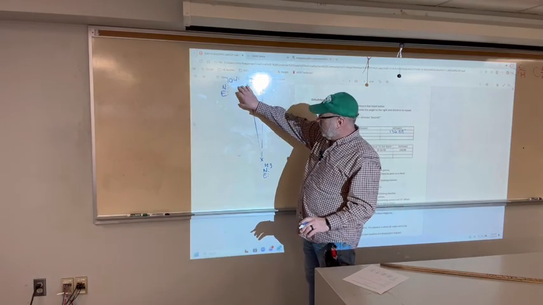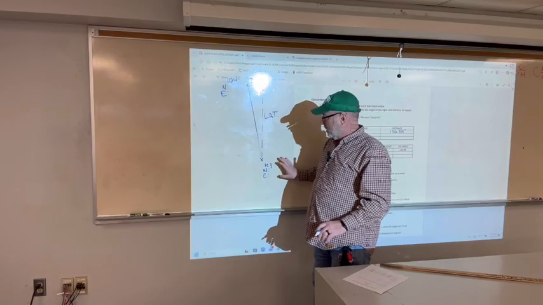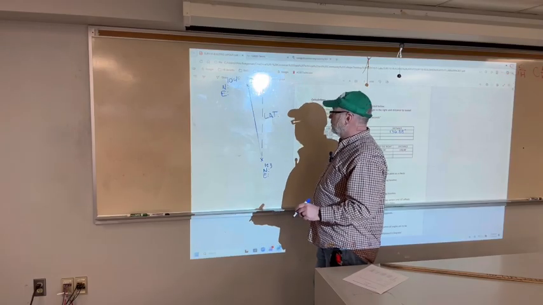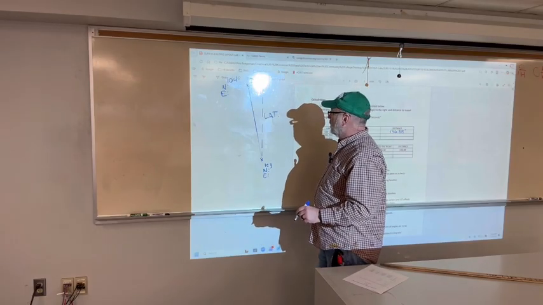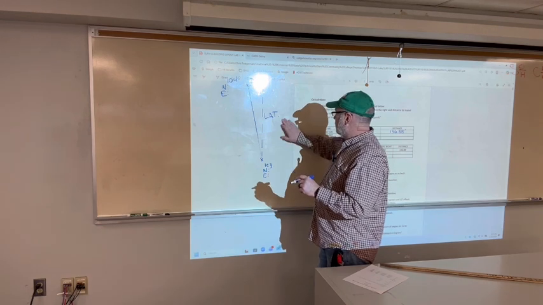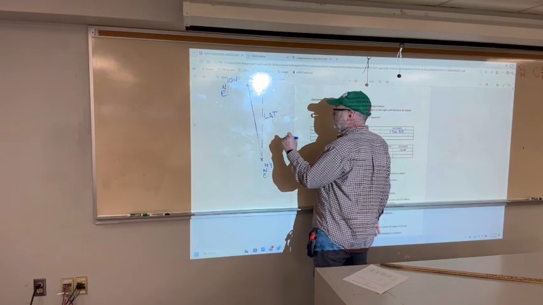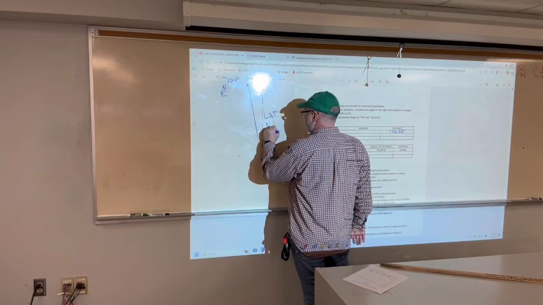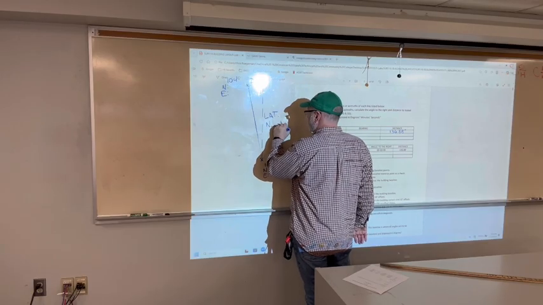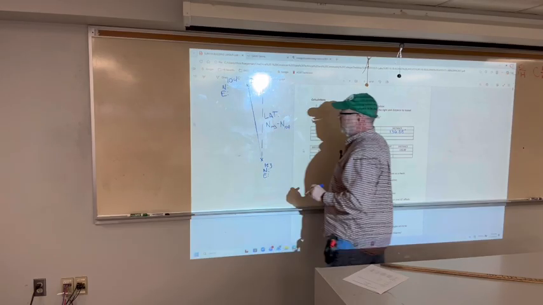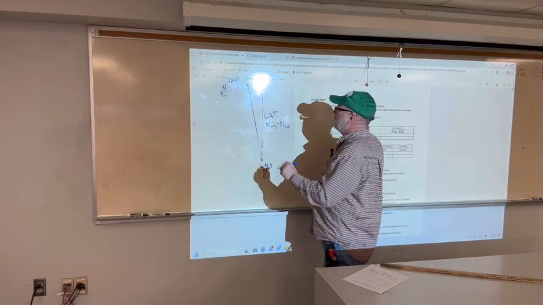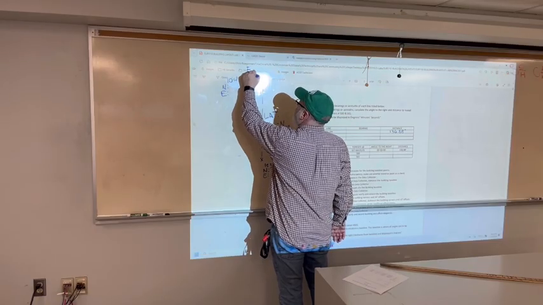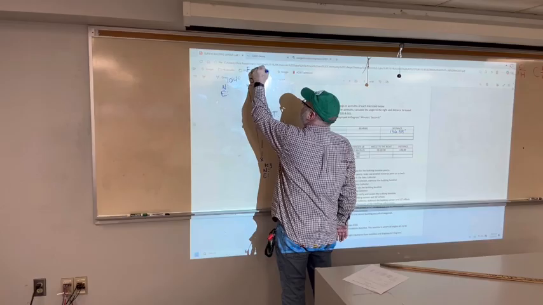I want to pick a coordinate, one or the other, and subtract the northing from the northing and then the easting from the easting. So that would be a good way to write this down here. This would be the northing of 103 minus the northing of 104. That will be your latitude. Your departure would be the easting of 103 minus the easting of 104.